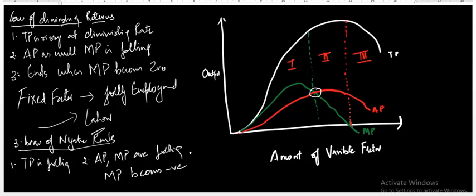That's why the total product is decreasing in this stage, and the change in the total output with respect to the change in the quantity of labor is becoming negative. This means that by the additional employment of the variable factor, it is not going to increase the production, rather it is going to reduce the production, and it is going to give us negative returns.